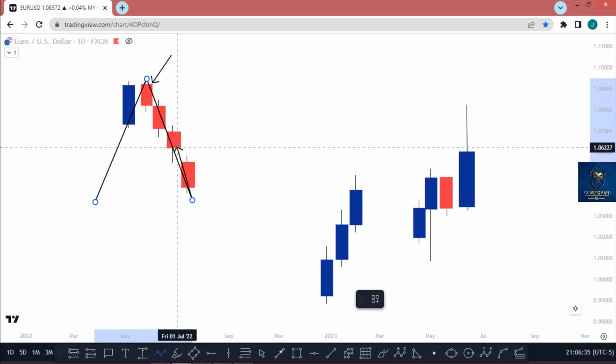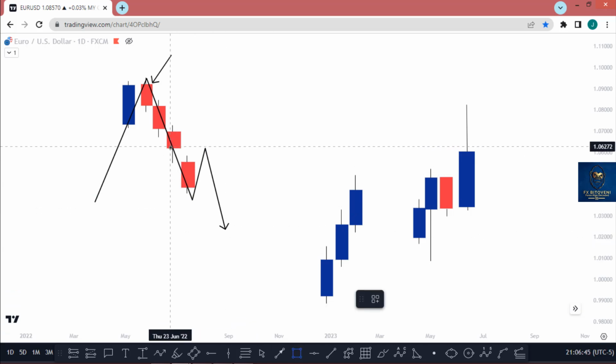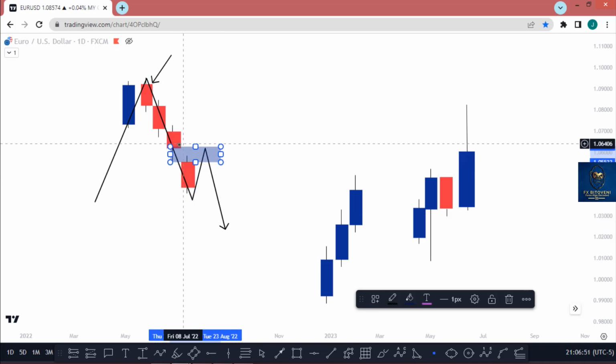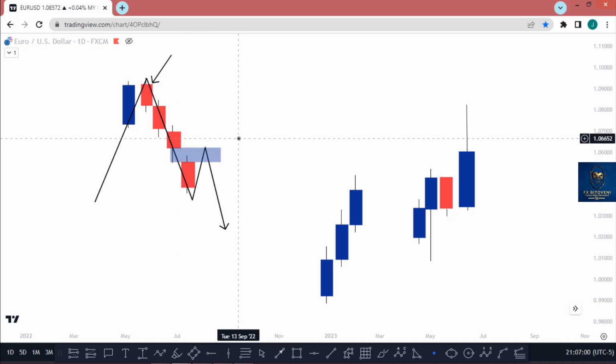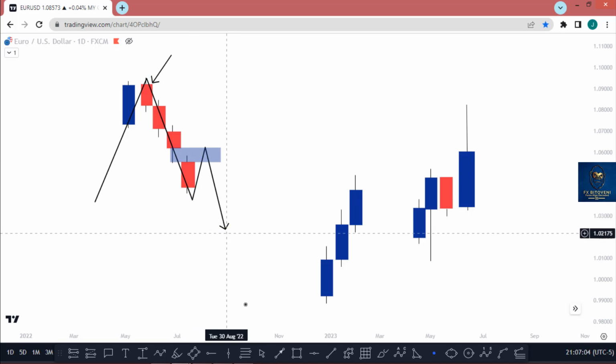This pullback is likely to trade on this level and then goes down. So once it's going down, the first objective was to remove this kind of vacuum block resting here, or a kind of gap, if I can say. So here, after trading on this level, market will go down.